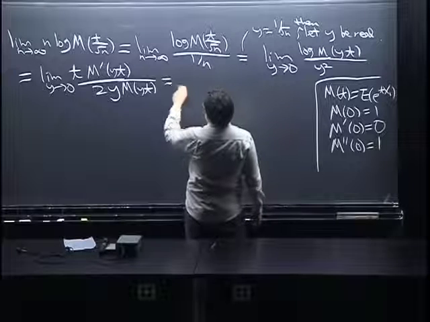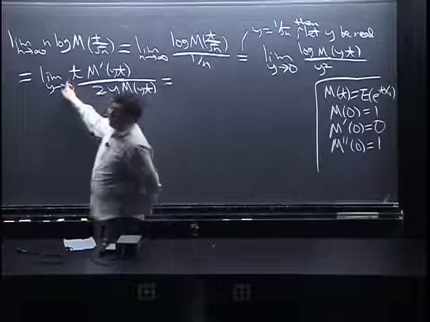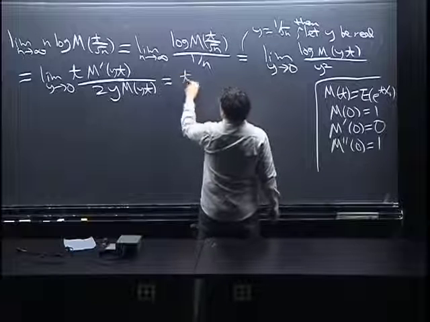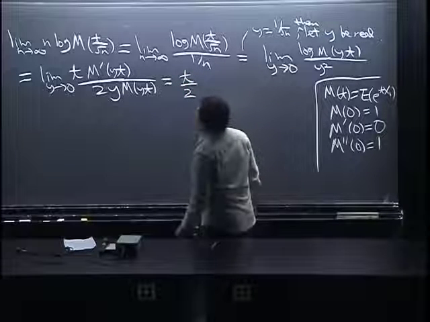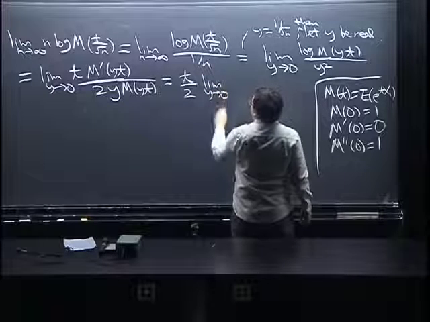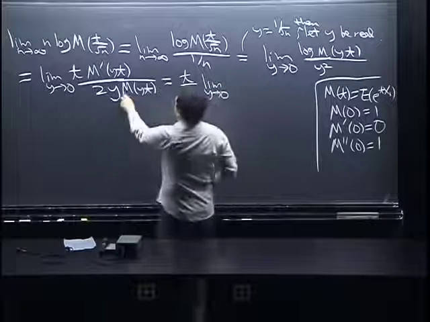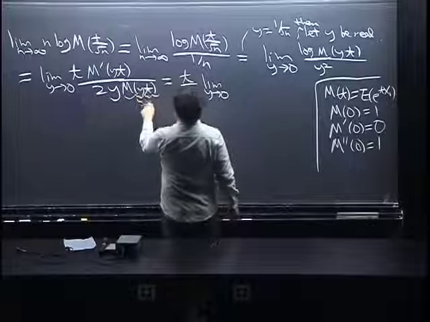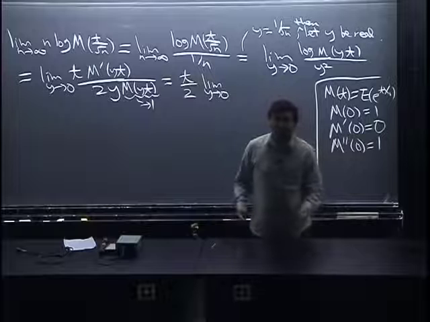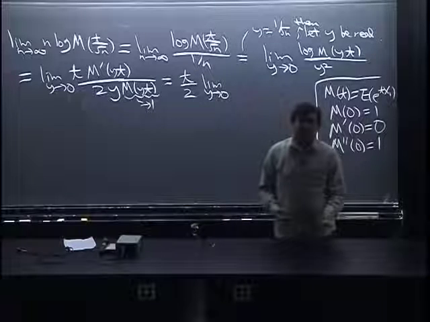So first I can simplify it a little bit. This t can just come out, because that's acting as a constant, and that 2 can come out, and limit y goes to 0. And this m of yt part is just going to 1. So we can write that as part of a separate limit, but that other limit is just going to 1.